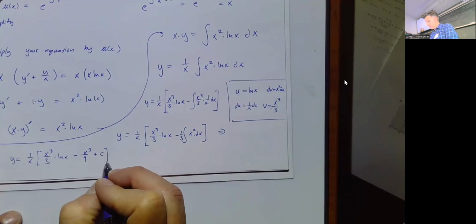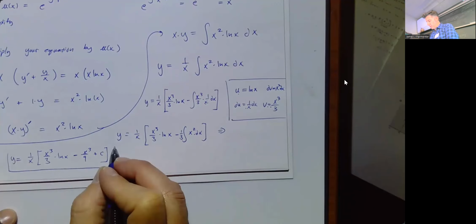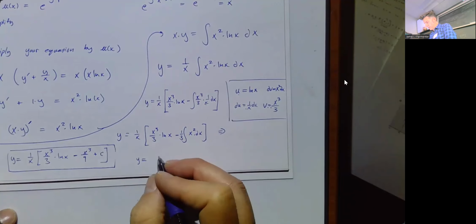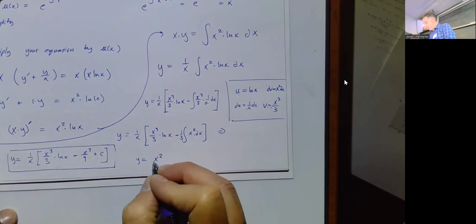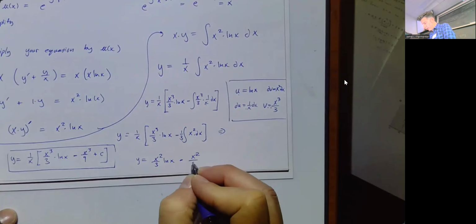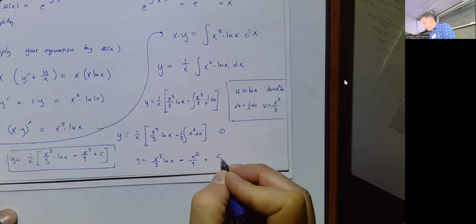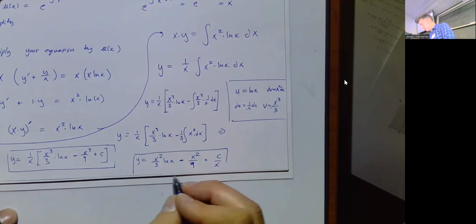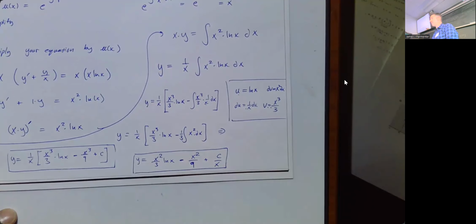And then you can leave your answer like this if you like. Or you could distribute the 1 over x and say your answer is x squared over 3 times natural log of x minus x squared over 9 plus c divided by x. That is how I personally like to write it, but either way is fine.